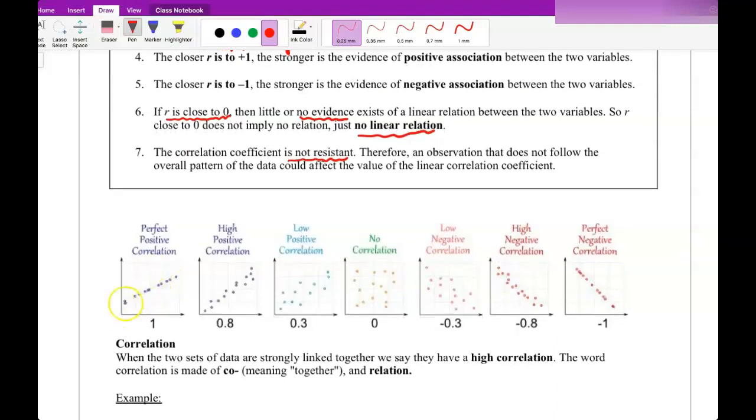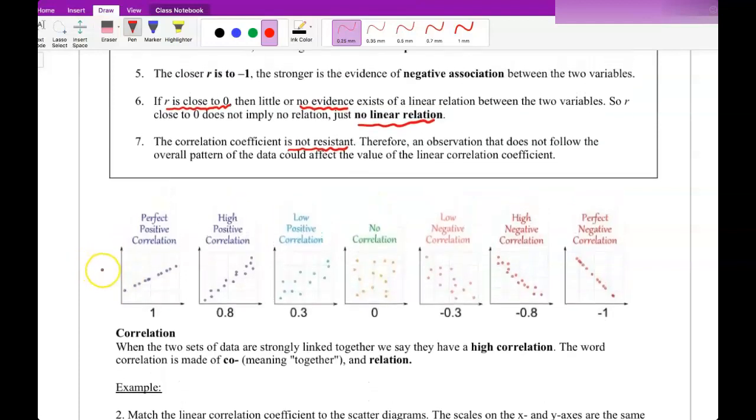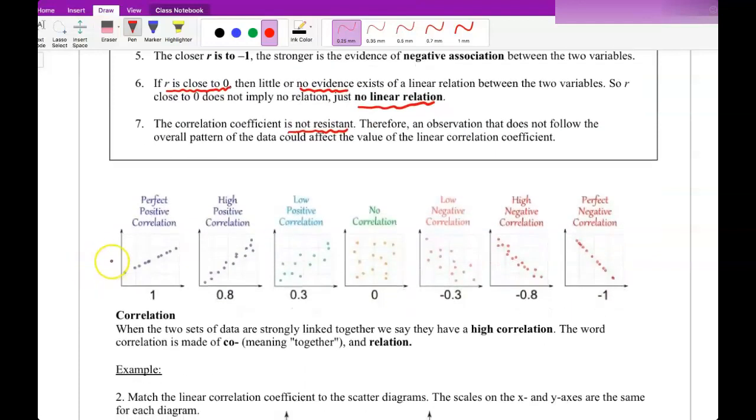We can have a straight line here, but the slope is positive. This is 100% positive association. And here on the right we have -1, so this is 100% negative association.